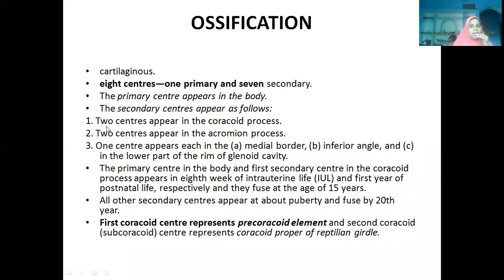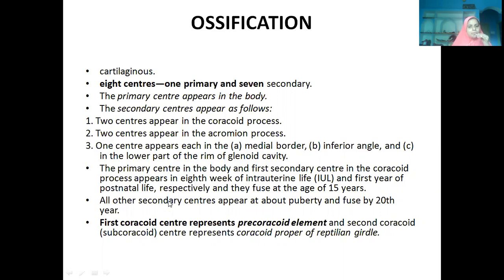Secondary centers, where are they appearing? 2 centers appear in the coracoid process, 2 centers appear in the acromion process. 1 center appears each in the medial border, inferior angle and lower part of the rim of the glenoid cavity. Anyhow, to remember so much is difficult, but just for your knowledge, I'm telling you. So when does the primary ossification center appear? During the 8th week of intrauterine life.